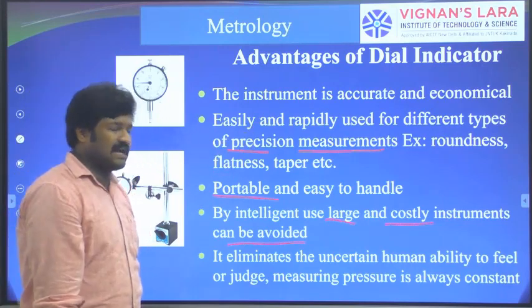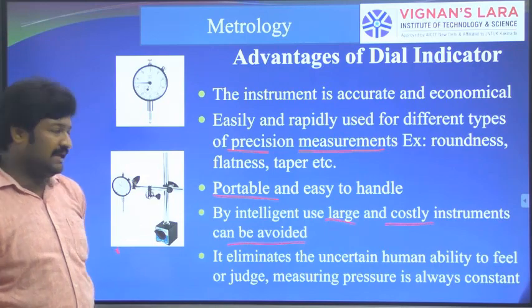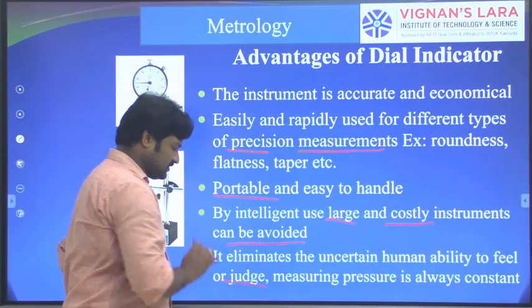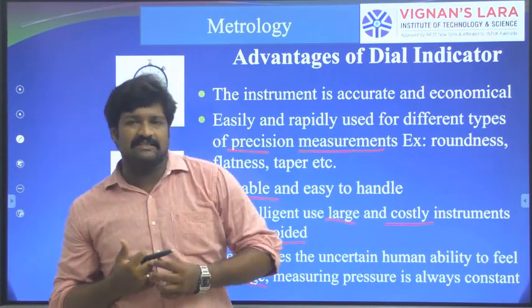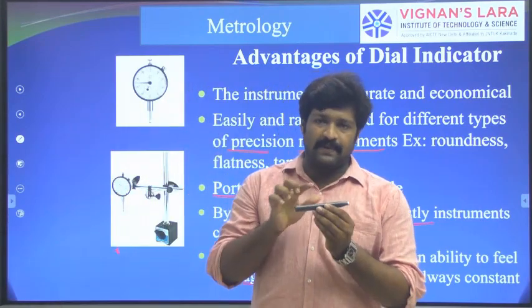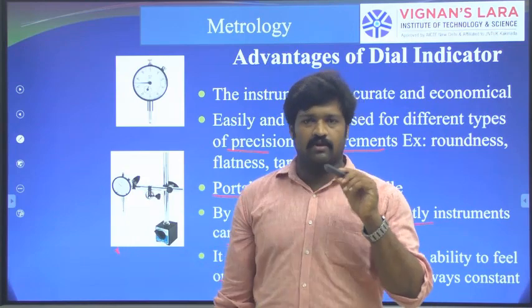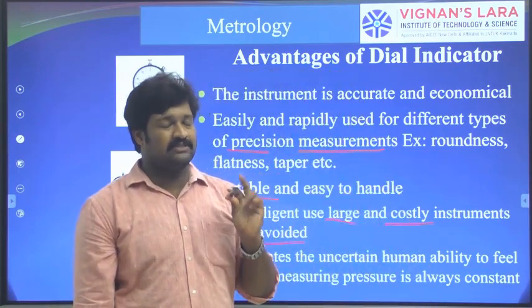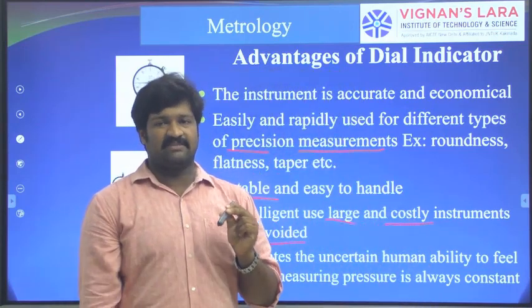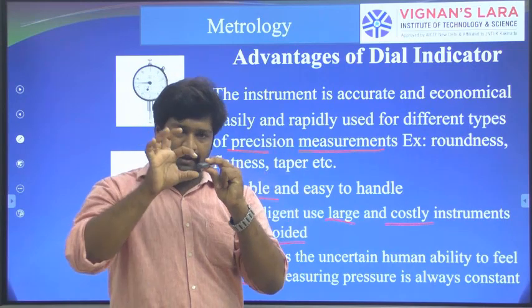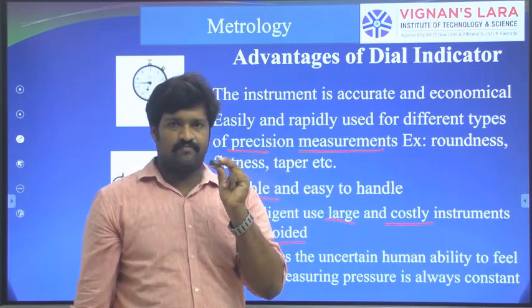So it eliminates the uncertain human ability to feel or judge. These dial indicators can also be used for obtaining the surface finish as well. Now we are using this dial indicator for linear measurement, comparing or measuring this dimension.